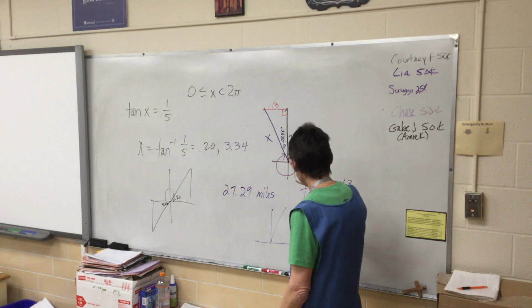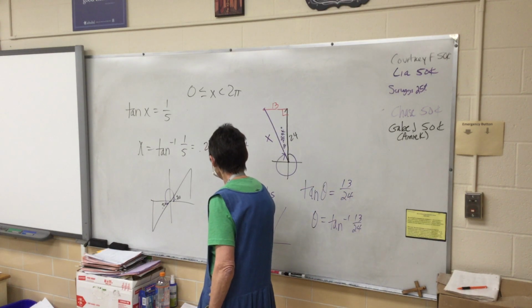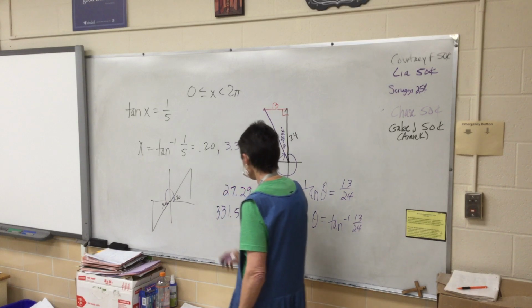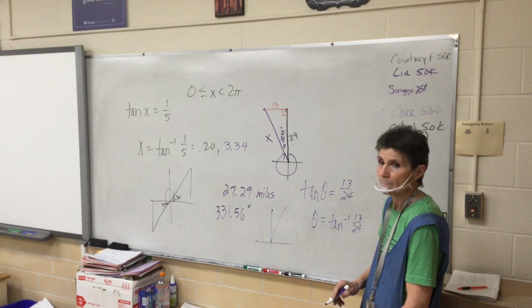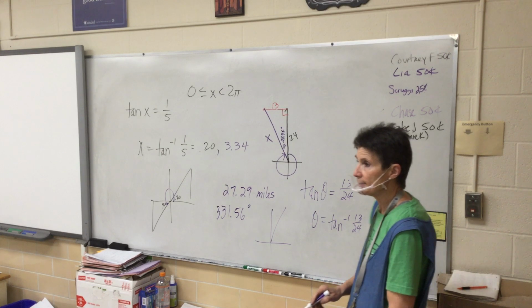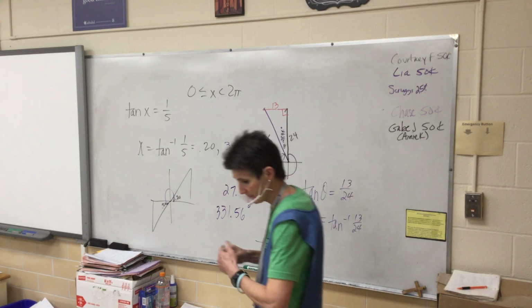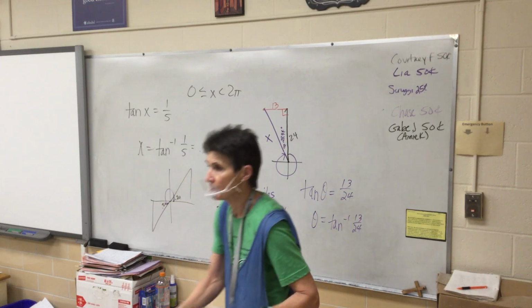So this course is 331.56 degrees. Okay, Ellie? All right, who else has one? Good questions. Review sheet 4. What else?